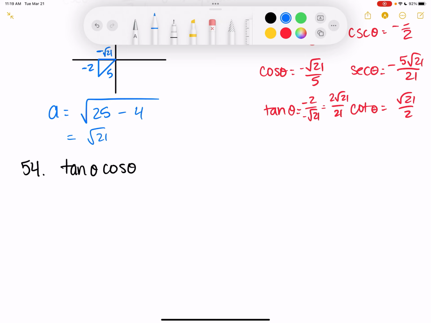It's not. We're simplifying. Tomorrow's verifying. Today we're simplifying. Rewrite everything in terms of sine and cosine, and then we're going to simplify it down. It's sine over cosine. So this is sine theta over cosine theta times cosine theta. So it's equal to sine. So those cancel. So we're left with sine of theta.